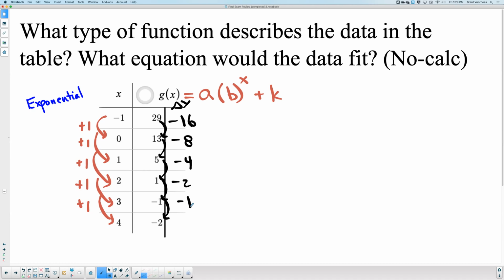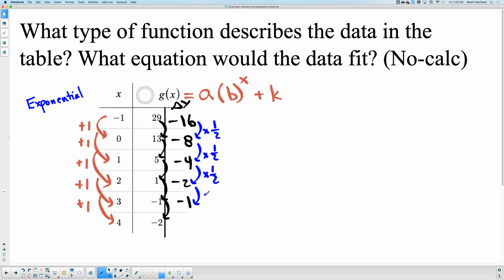Negative 16 times 2 would be negative 32, so you're going the wrong way. So what's the reciprocal of multiplying by 2? 1/2. What we're actually multiplying by each time is 1/2. That's what's happening every single time: the numbers are getting cut in half.